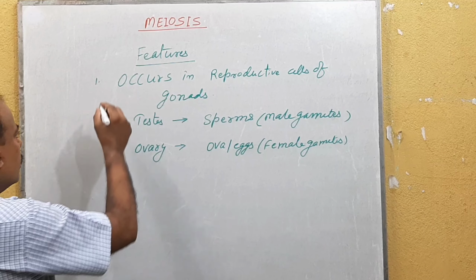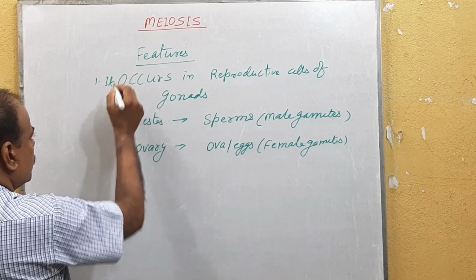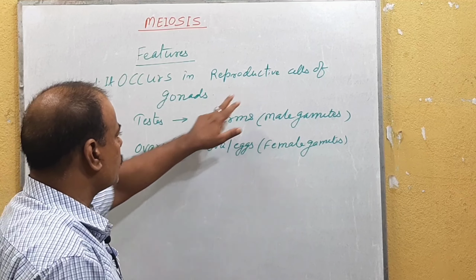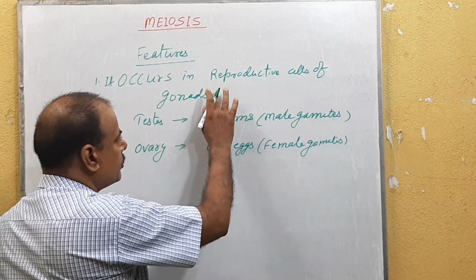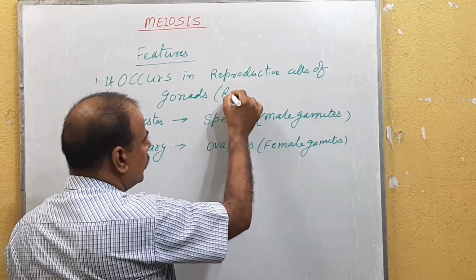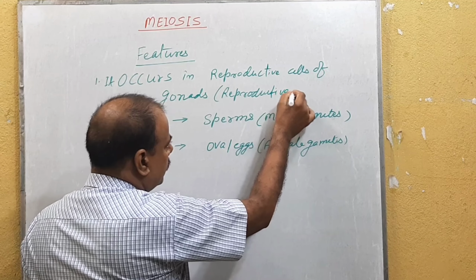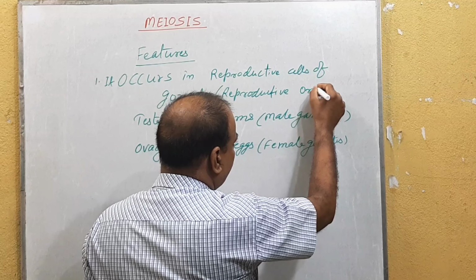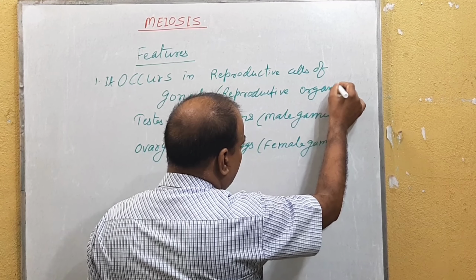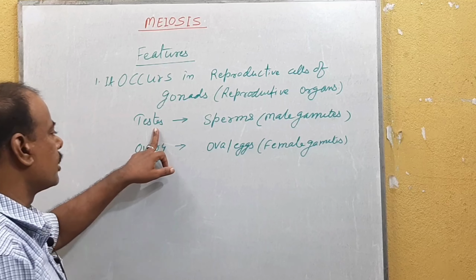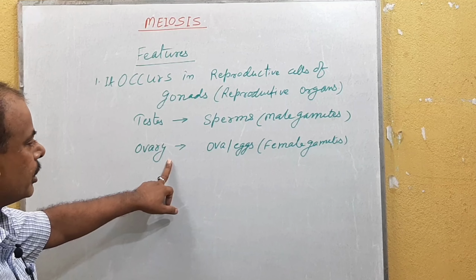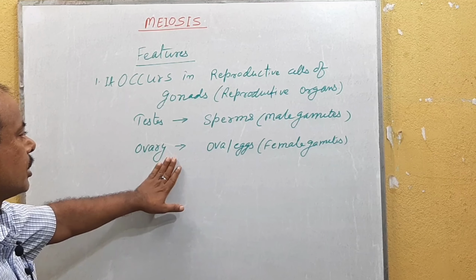So, meiosis cell division occurs in reproductive cells of gonads. Gonads means primary reproductive organs. In males, testes are found, whereas in females, ovaries are found.